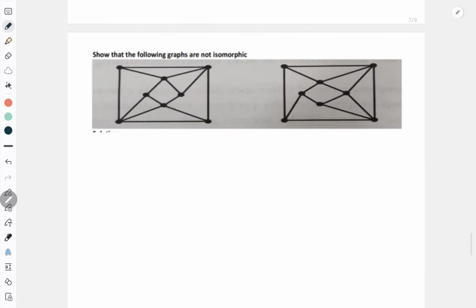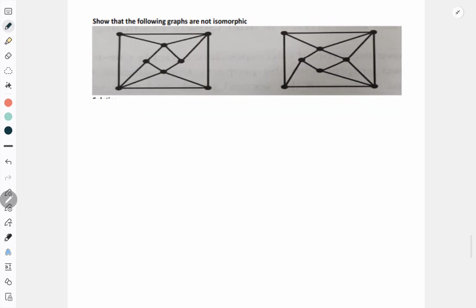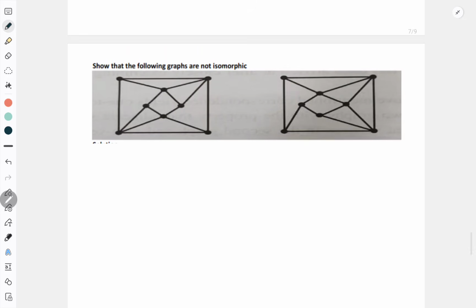Okay. Now look at this question. Now this is a very interesting question. If you start with this question, the number of vertices are the same, the number of edges are also the same. Okay, you can count. Now when you start working on the names, let me name and do this question.